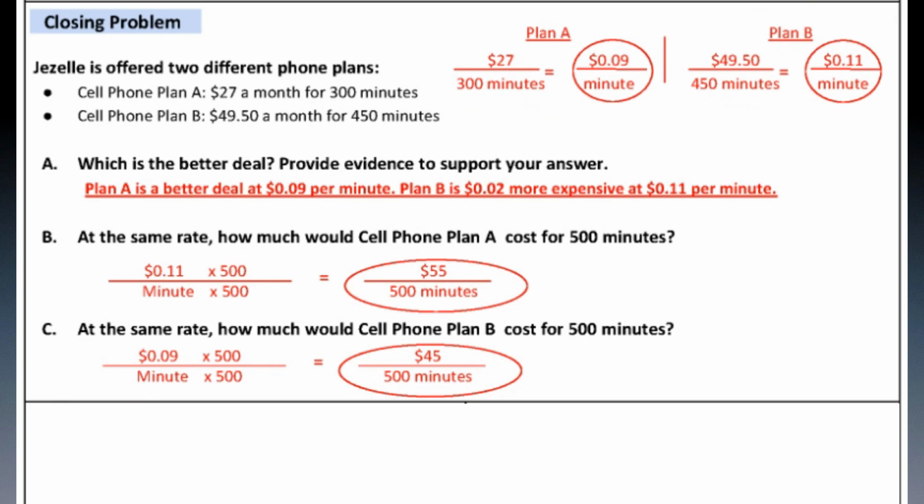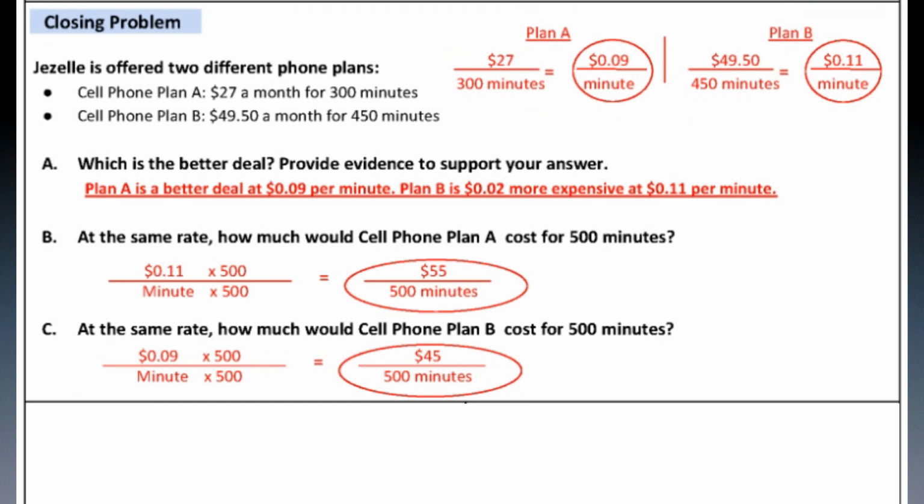If you don't have that down, go ahead and write that down now and pause the video. So which is a better deal? Would you rather pay 9 cents a minute or 11 cents a minute? Well, I know 9 cents is cheaper. So plan A is a better deal at 9 cents per minute. Plan B is 2 cents more expensive at 11 cents per minute.